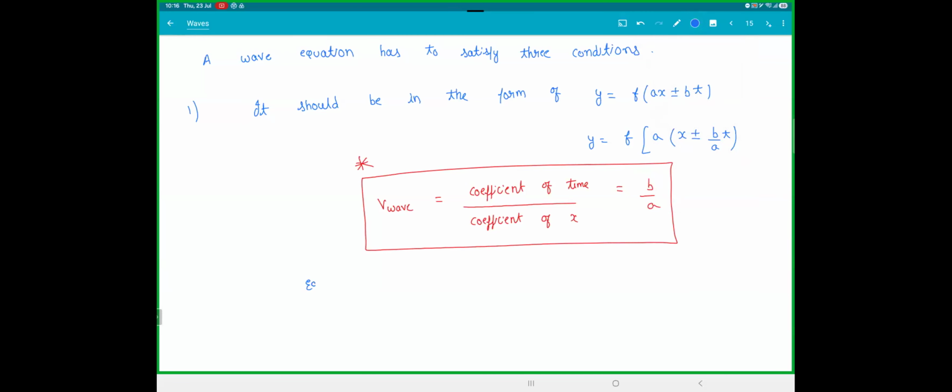They will say a wave equation is given: y is equal to e power minus (2x plus 3t) whole square. This is a wave equation, and they'll ask you to find the wave speed. Coefficient of time by coefficient of x is 3 by 2. And look at the middle, there is a plus sign. Plus indicates it is traveling on the left side. This is a 3 by 2 meters per second left traveling wave. If it is 2x minus 3t, it is a right traveling wave.